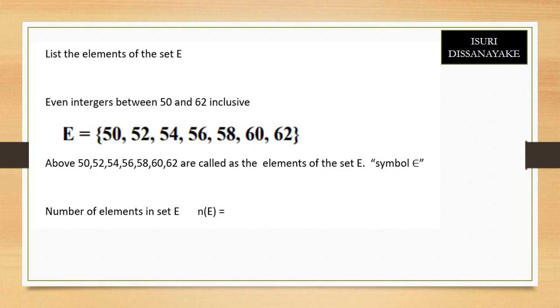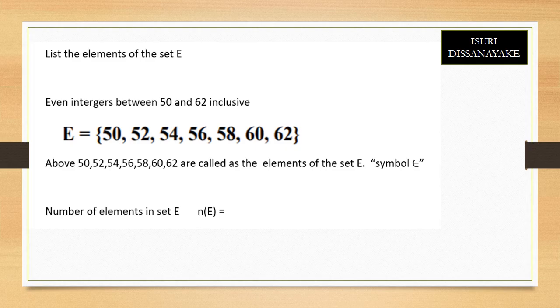So E equals open curly brackets. We are going to list the elements, separating each element with a comma. 50, 52, 54, 56, 58, 60 and 62. So they are the even numbers between 50 and 62 inclusive, and you close the curly brackets.